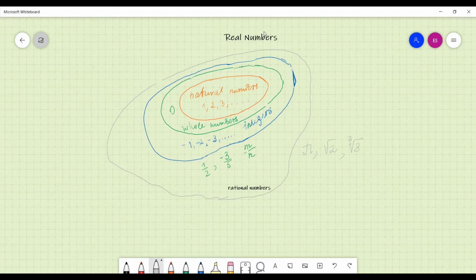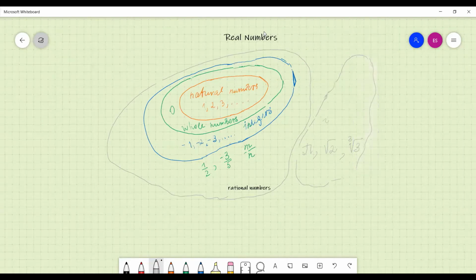These numbers are called irrational numbers. I'm going to circle them with a different kind of circle because irrational numbers make up their own set, and numbers from this set cannot be represented as a fraction of two integers.